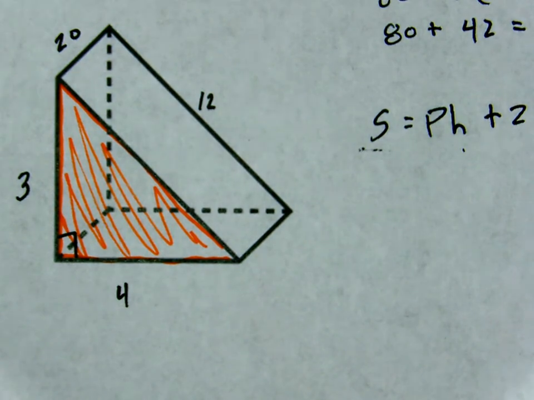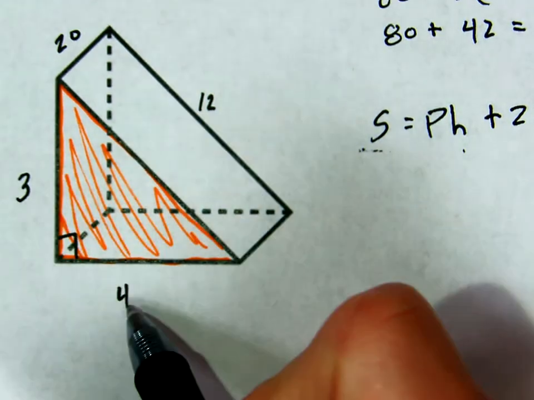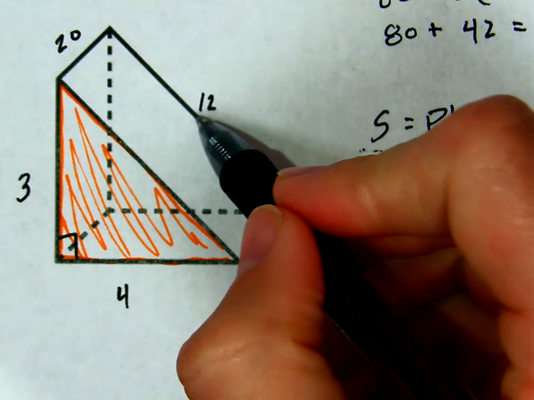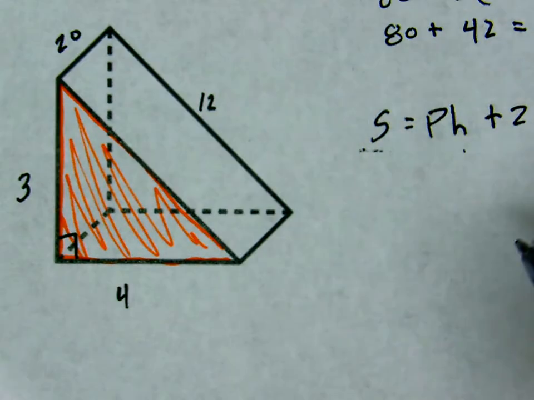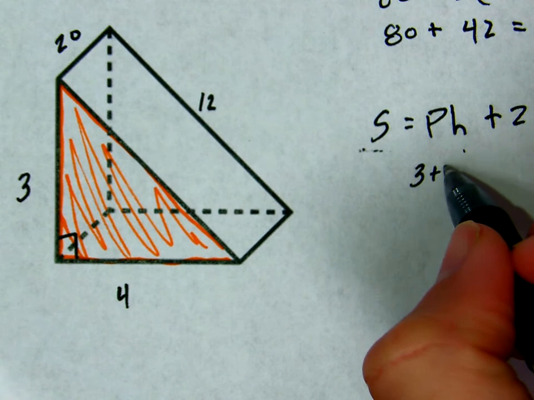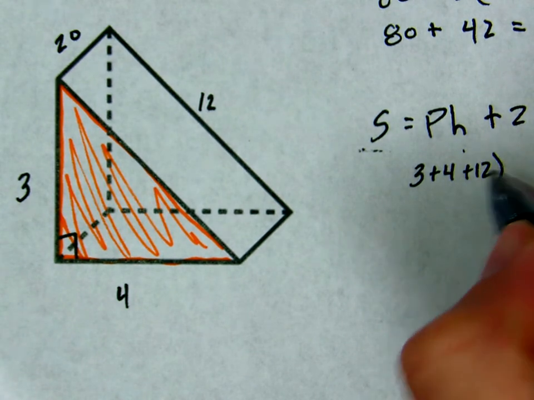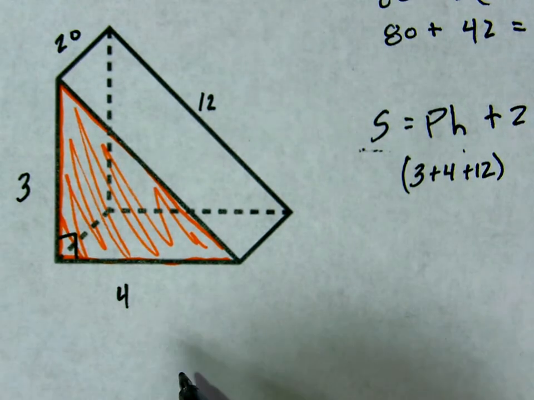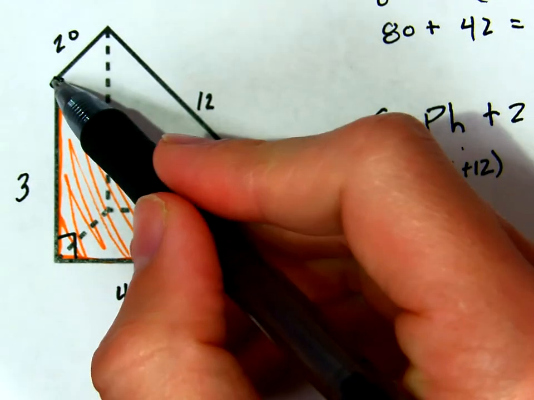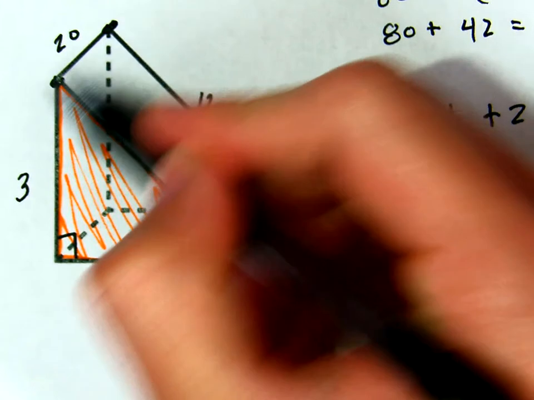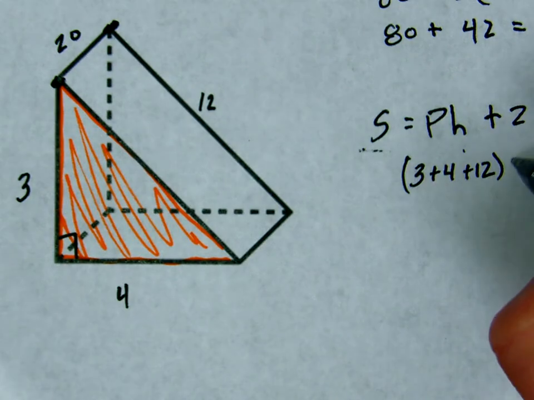So perimeter of that, 3 plus 4, and this should be the same measurement, 12. So 3 plus 4 plus 12. And our height from base to base, from triangle to triangle, should be 20. So our height is 20.